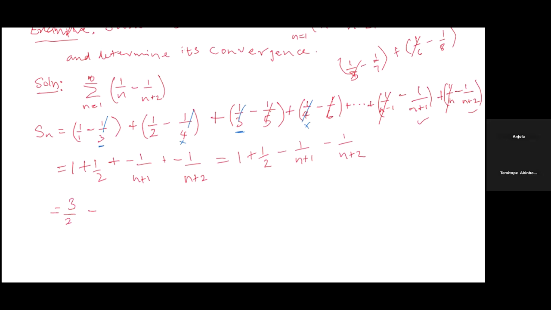Do you agree with that? Yes. But first of all, let me factor out minus. If I factor out minus there, you have 1 over n plus 1 plus 1 over n plus 2. Is that agreeable? Yes, it is.